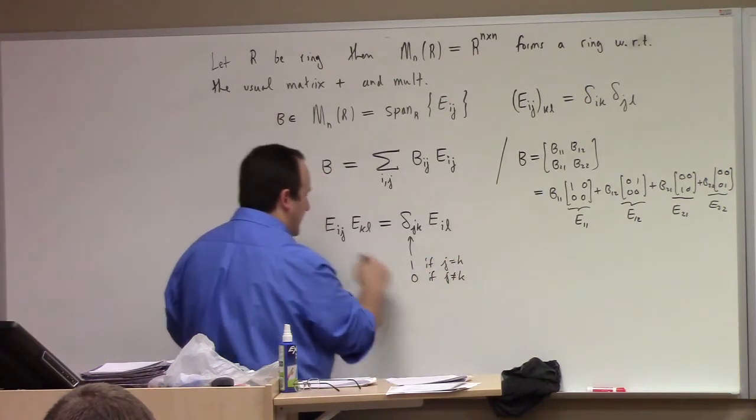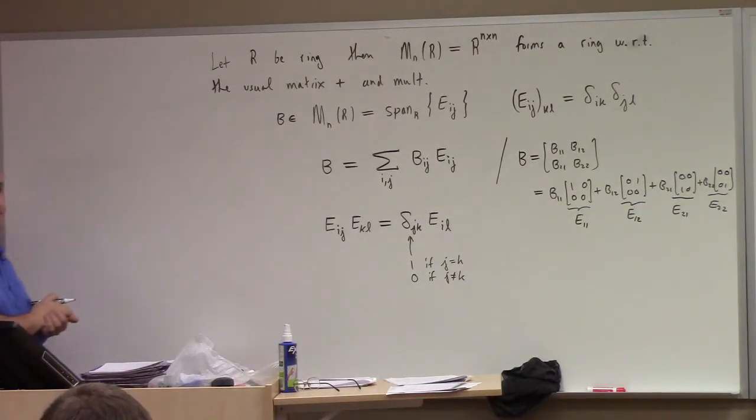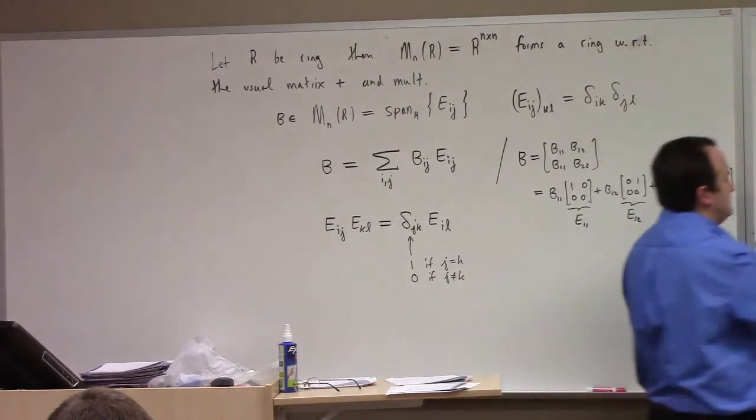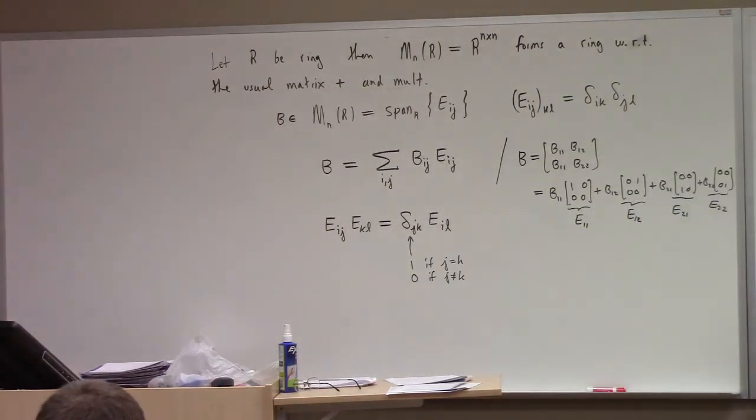And so that's how you multiply the matrix units, just like that. These toys should be familiar to you from linear algebra. And let's see how we can play with them here.